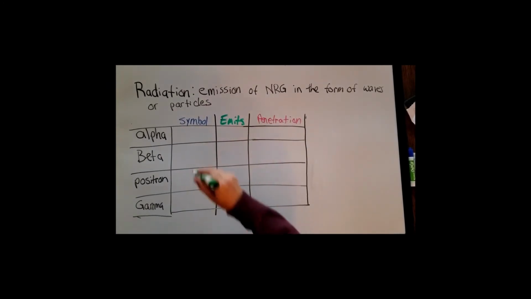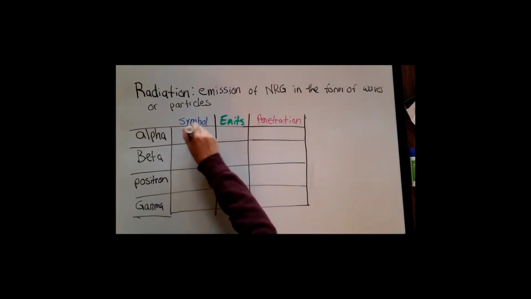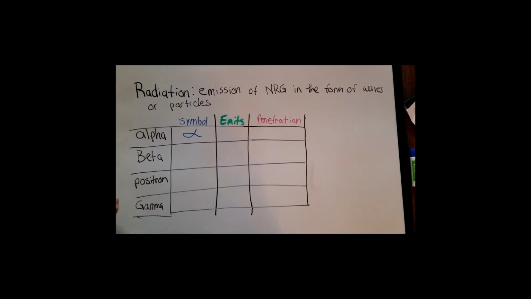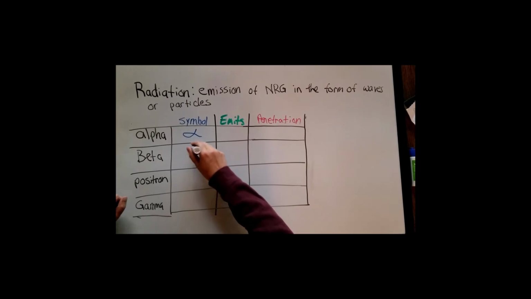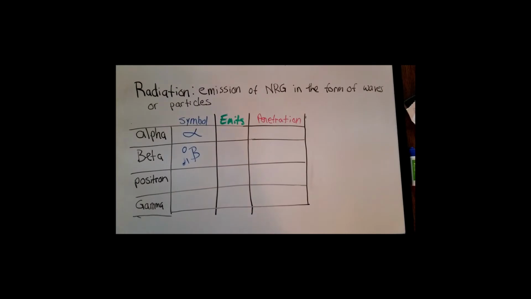For alpha, the symbol used is just that little alpha symbol there. For beta, it's represented by the beta symbol, with a -1 here, and a 0 here.